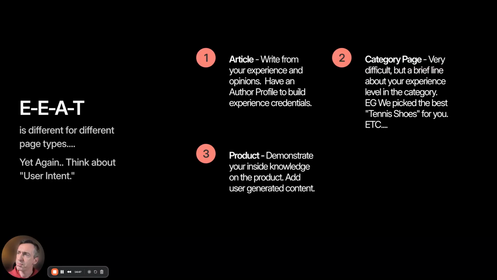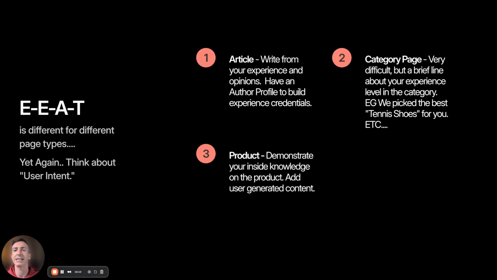And so it makes it a lot more difficult, but maybe a brief line in there, because we're still going to have a couple of lines of text about maybe our experience in the category. If I owned a tennis website selling tennis t-shirts, maybe under the tennis t-shirts category, I could put in, we've sold thousands of tennis t-shirts and these are the best in our opinion.